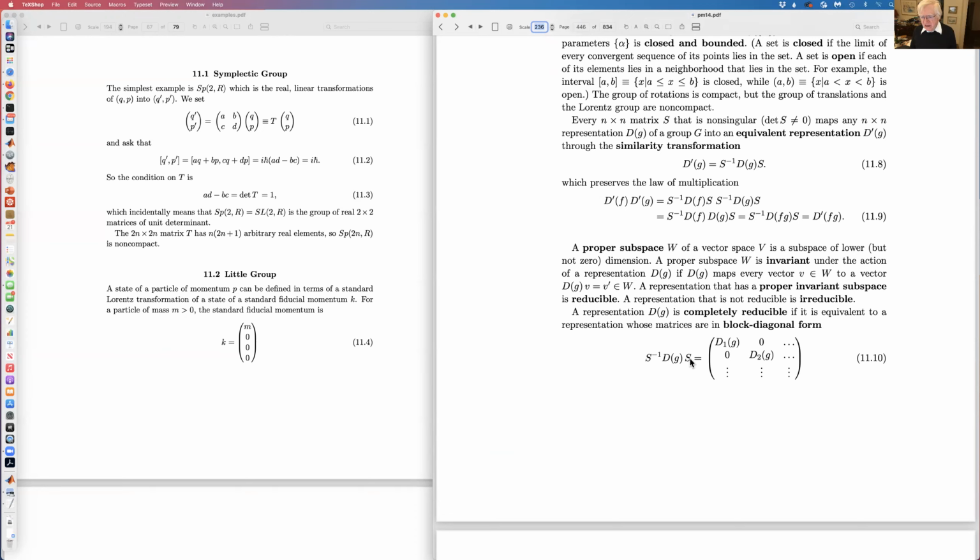Now, in particular, you can sometimes take a representation and find an S that casts it into block diagonal form. In that case, you say the representation is completely reducible. And by completely reducible, we mean it's not only in block diagonal form, but these individual representations, D1 and D2, are themselves irreducible.